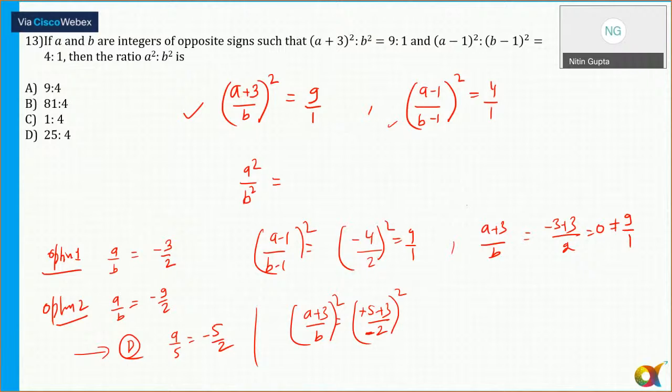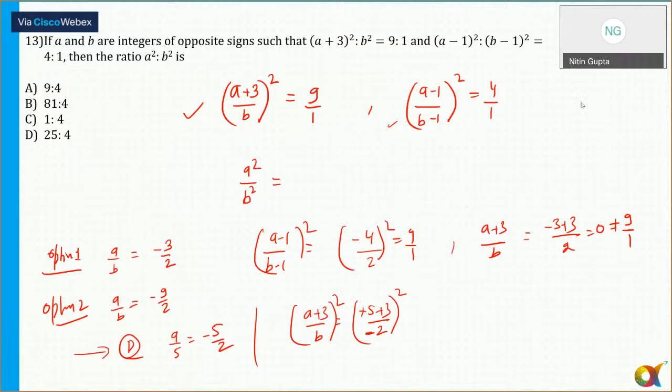Just a minute. I think 5 and minus 2 should satisfy. 5 minus 1 is 4 and minus 3 minus 1, it is 4 by minus 2. Okay. Option A will satisfy.